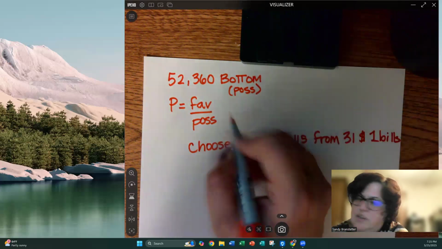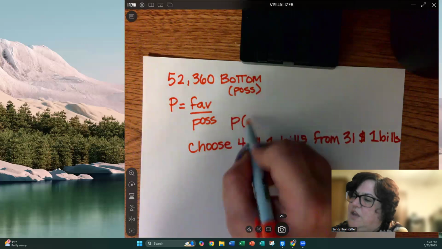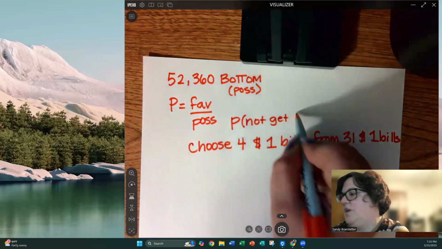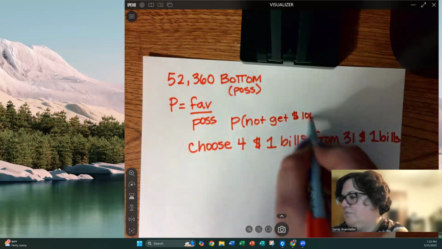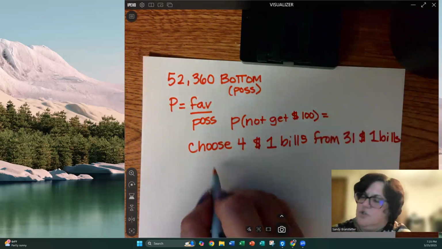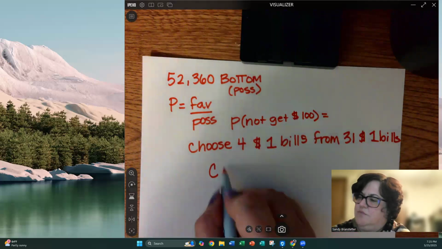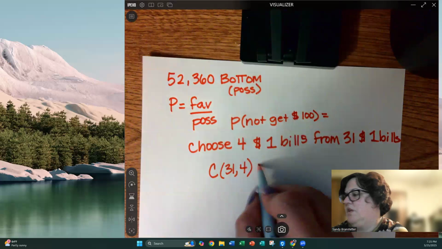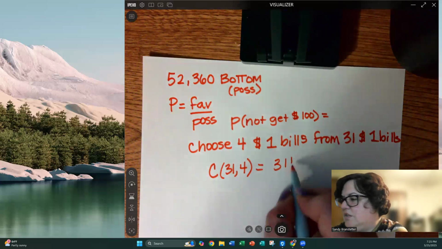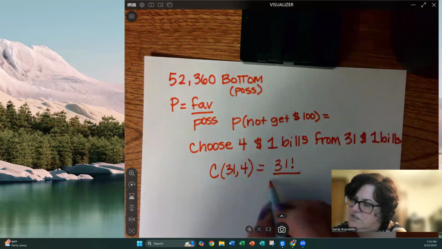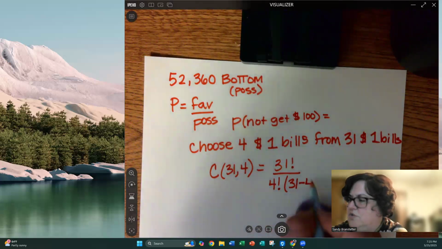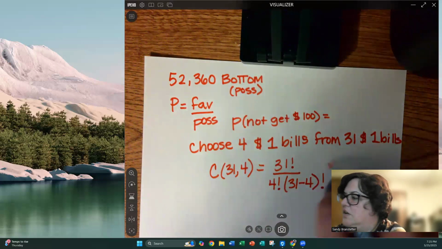Remember, we're finding the probability that we do not get a $100 bill. So we're going to do a combination of 31 choose 4. Again, I'm writing it in the formula format, but if you have a calculator, you should be able to do this on your calculator.